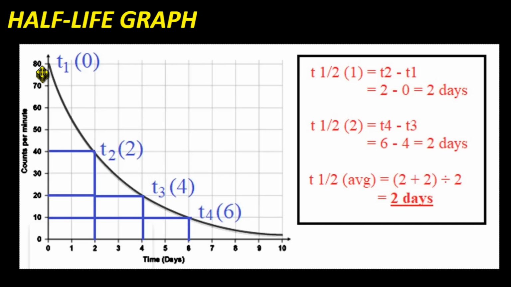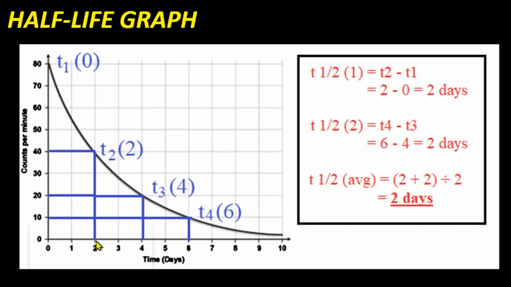So if we start with 80 counts per minute, that is the rate of decay in this case, and we're going to label that T1, and that is 0 days in, as what you see here. Now, the time taken for it to drop from 80 to 40, in this case T2, will take 2 days. So this will be the half-life. We've already solved it, but because half-life is random and spontaneous, what we have to do is not just take one pair of values, we'll take 2.